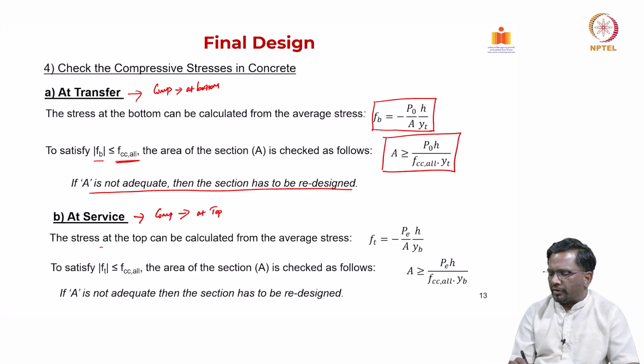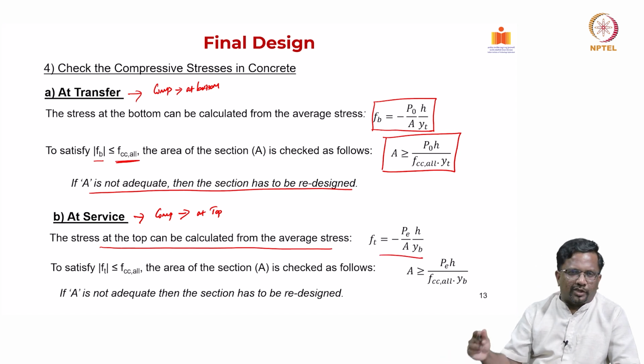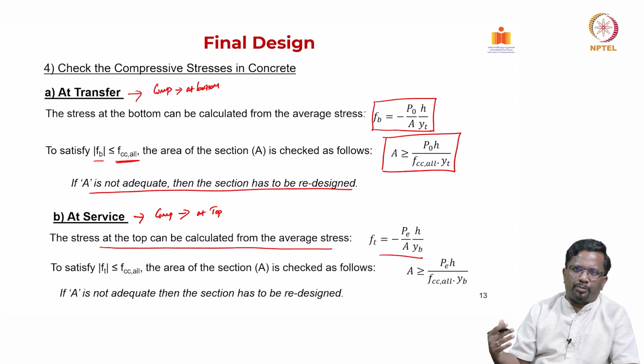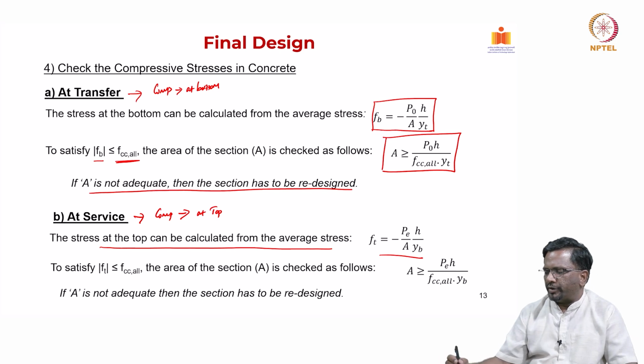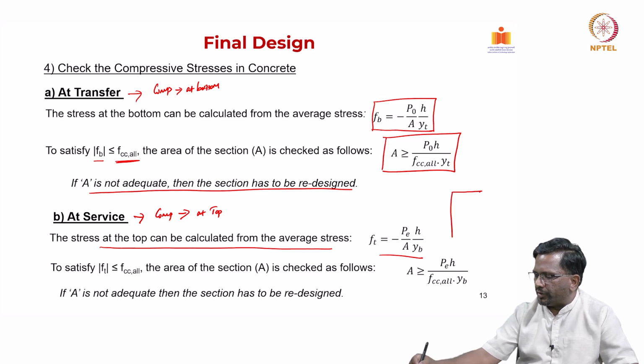So, the stress at the top can be calculated from the average stress, again PE by A. The only thing is at service the pre-stressing will become PE. We allow 0 at the bottom here, and this is some stress FCC at the top. So, we are trying to calculate this.